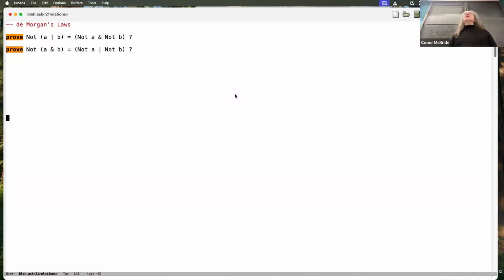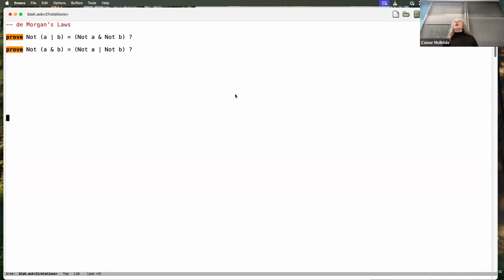And so one of the things I did yesterday was to equip Ask with a notion of equality for propositions. So far when we've been proving equations, we've been proving equations about data. You know, equations that say the result of this computation is the same as the result of that computation.